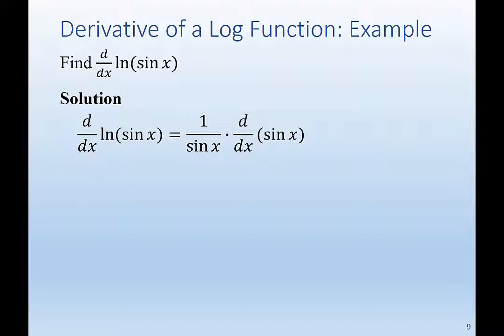Now, of course, we can obtain that by making that substitution, that u equals sine x, as we did in the previous example. So our derivative of sine is cosine, and so we get the result of cosine on sine, which we can write as 1 on tan x. That is, the derivative of the natural log of sine x ends up being 1 on tan x.